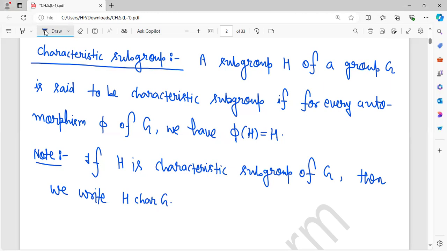If H is a characteristic subgroup of G, then we use this notation H char G. This is the meaning that H is a characteristic subgroup of G.